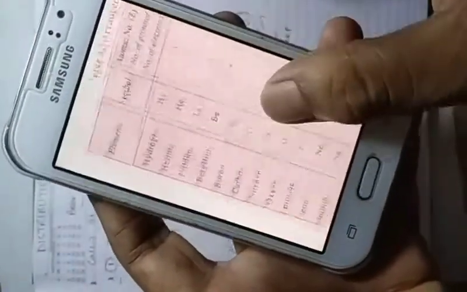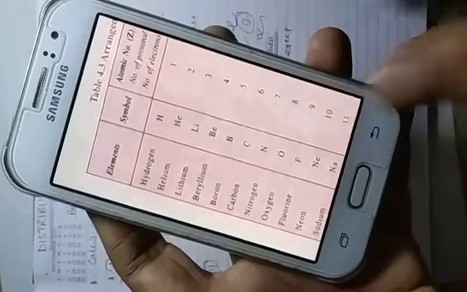And another table is also present in your book. These are very important. Here you can see, students, I am showing you.